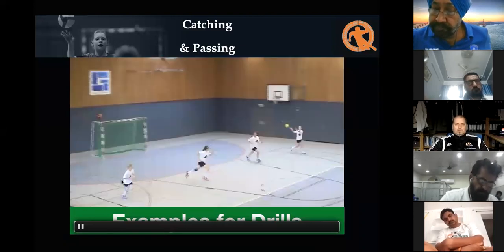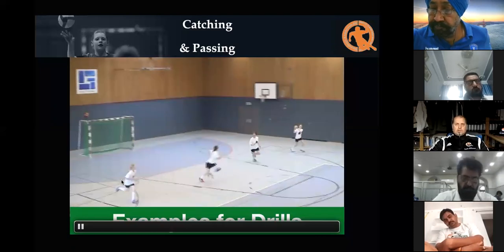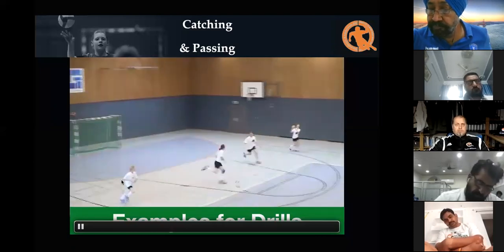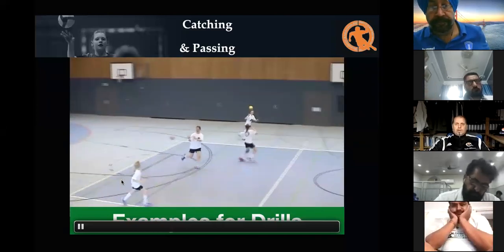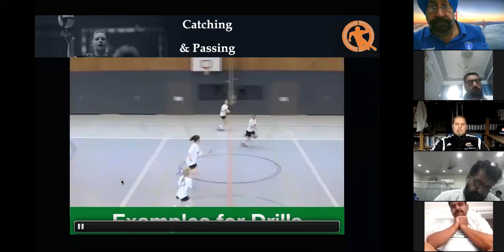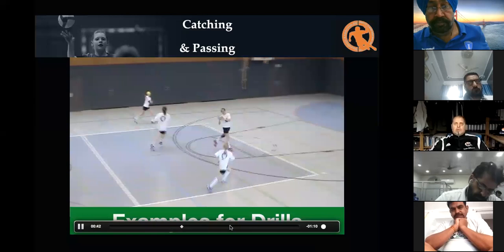So now I can see it again. Outside players, maximum 3 steps with the ball. Don't make too many steps. And then inside pass again. And this can be variated just the other way around.